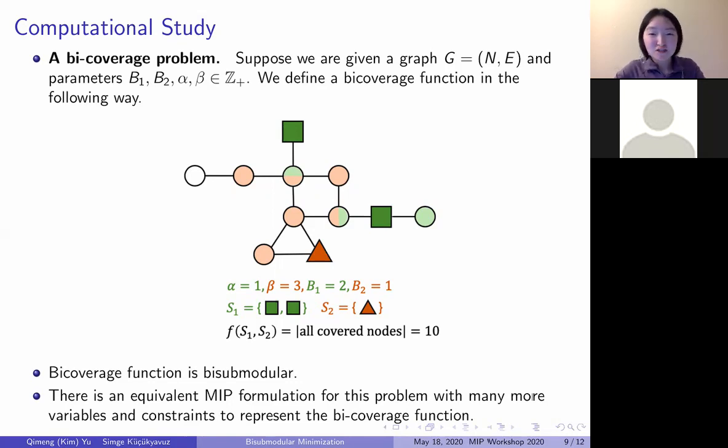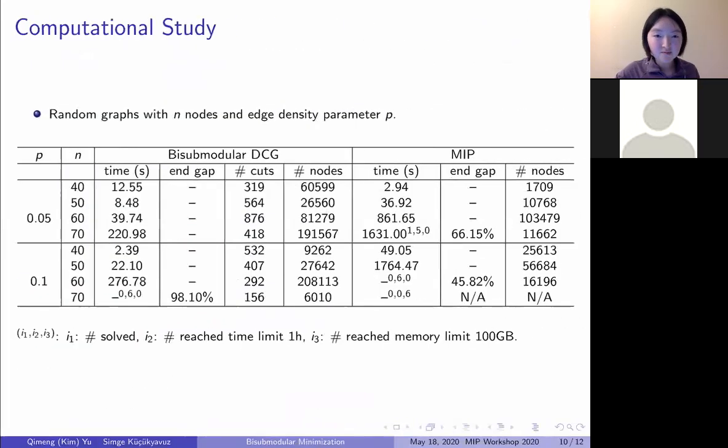This bicoverage function is bisubmodular, and this problem can be formulated as a MIP with many more variables and constraints than the delayed constraint generation formulation. For our experiments, we generated random graphs with n nodes and edge density p. Our DCG algorithm beats directly solving the MIP as shown in this table.